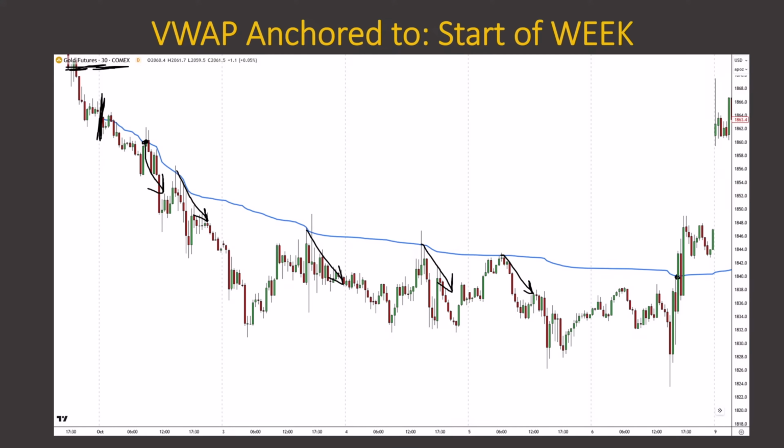In here, there is a short. Again, this one is a losing trade. And then you need to shift the bias from short to long.